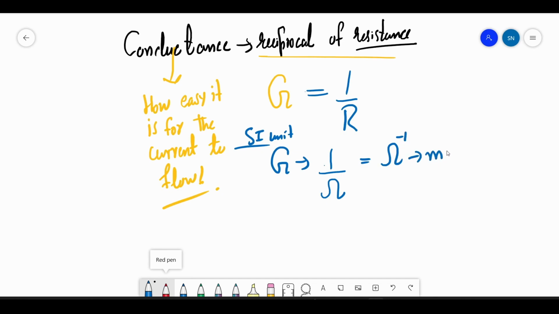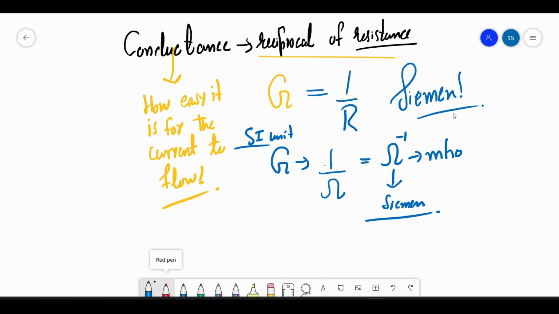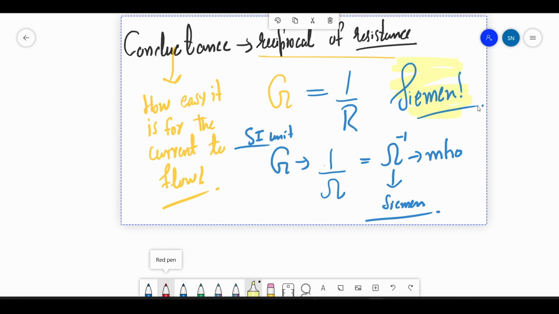Ohm inverse is called mho, and it's also called Siemen. Got my point? So what is the SI unit of conductance now? Siemen. Right? Did you get it? Yes, sir. I got it.